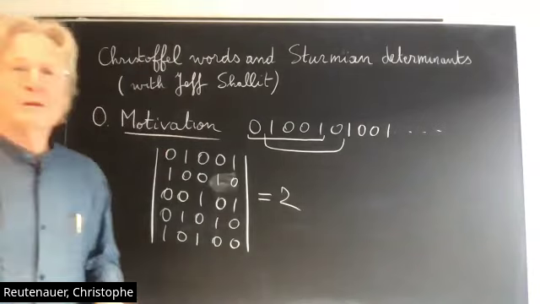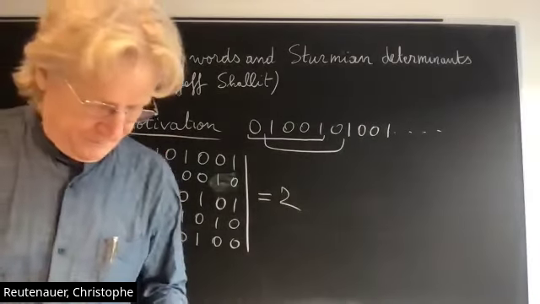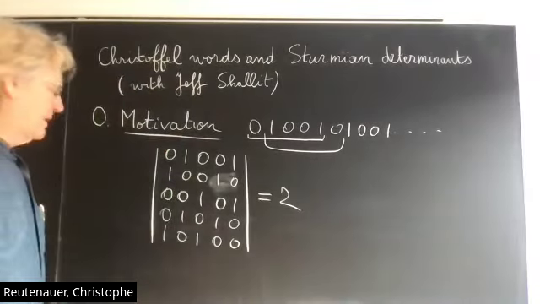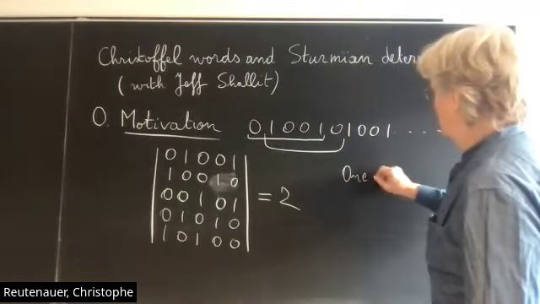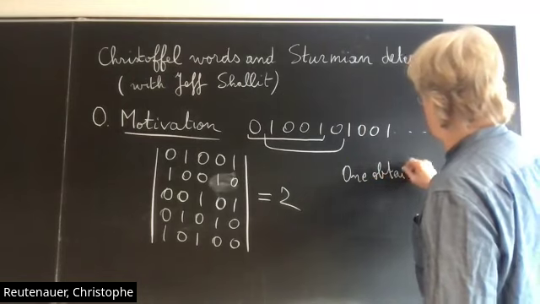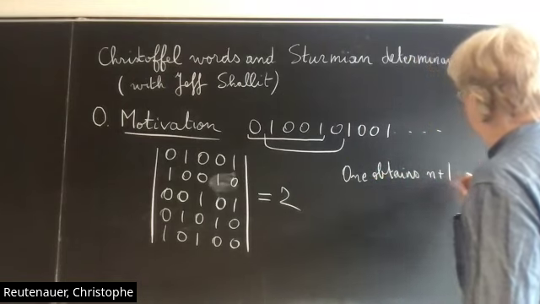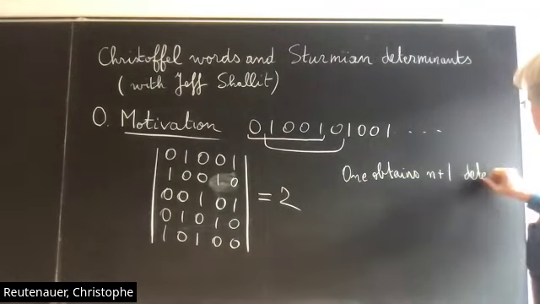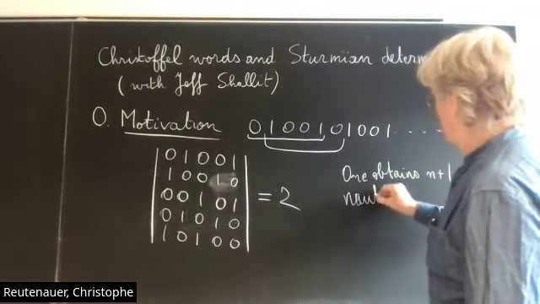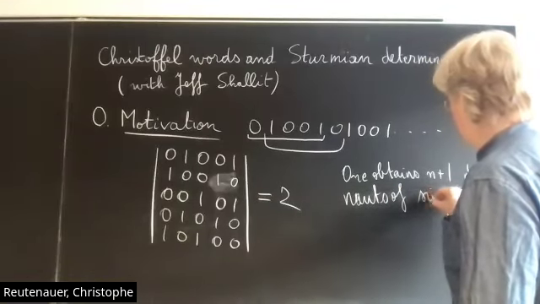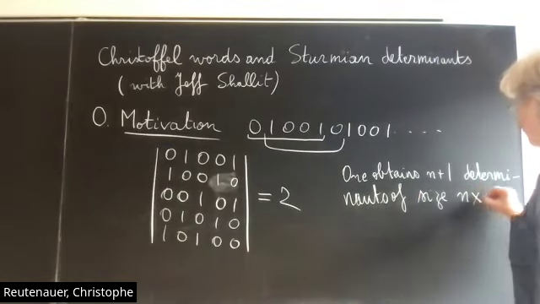Of course, the example is very small, but if I choose n, one obtains n plus 1 determinants of size n by n.